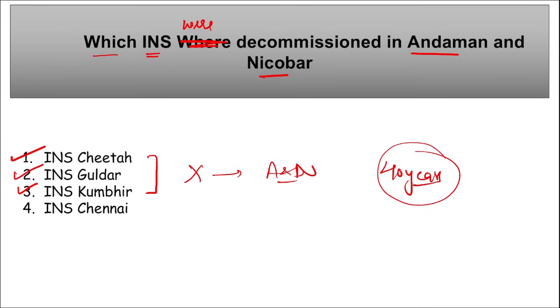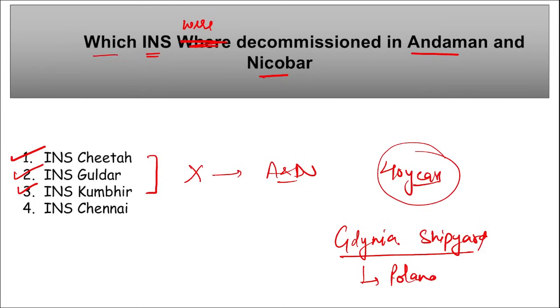they were decommissioned. Right? The next thing, all these 3 ships were built by the Gdynia shipyard, and this Gdynia shipyard is in Poland, correct, and they have been recently decommissioned. Take a note of it.